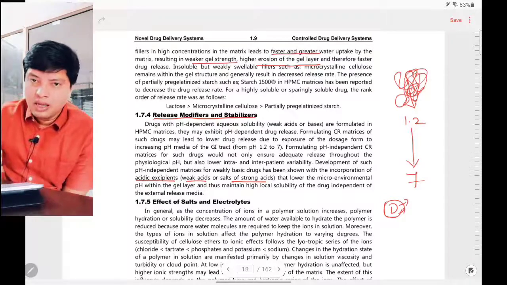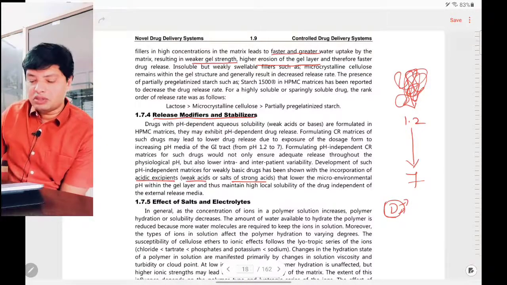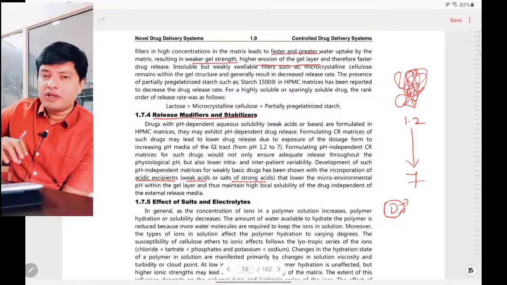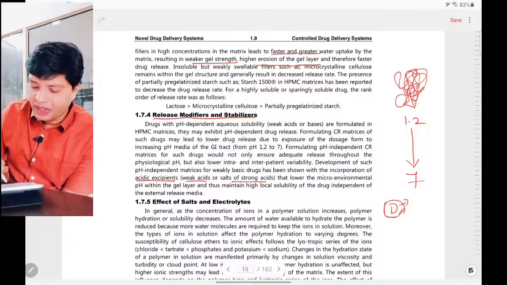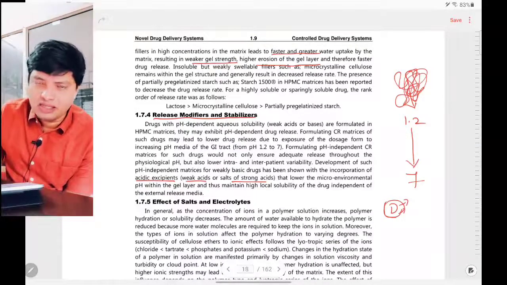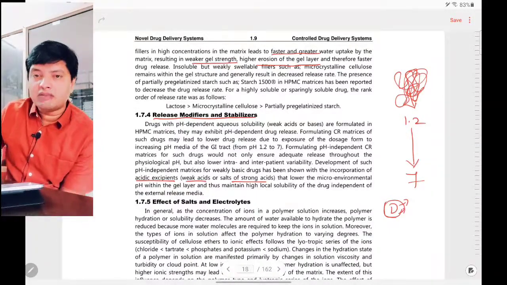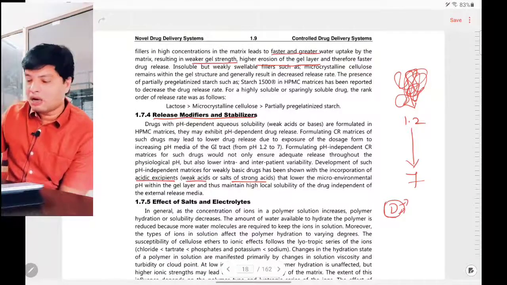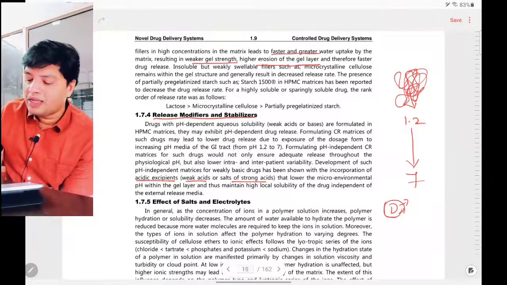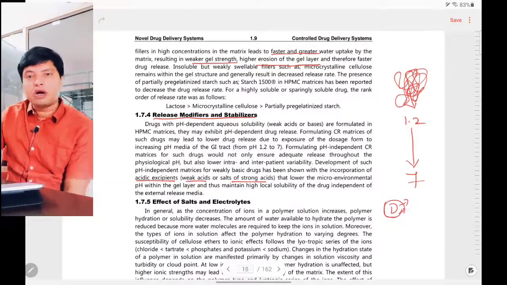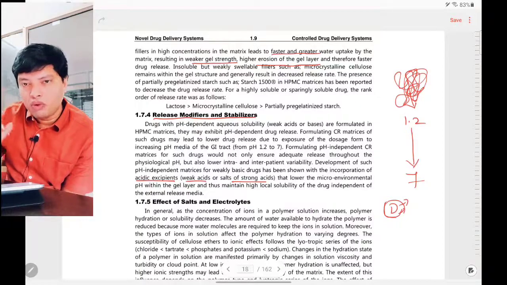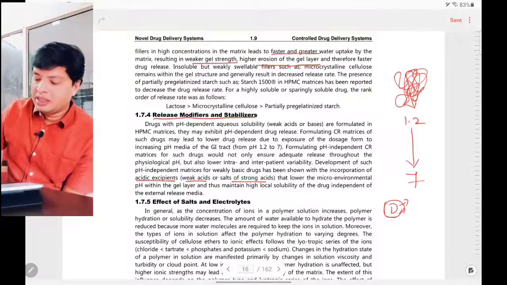If the drug is a basic drug and I use acidic excipients like weak acids or salts of strong acids, then the microenvironmental pH around the drug will always be acidic. Because the drug is basic, acid and base will react and form a salt, and the drug is available in soluble form throughout the release.